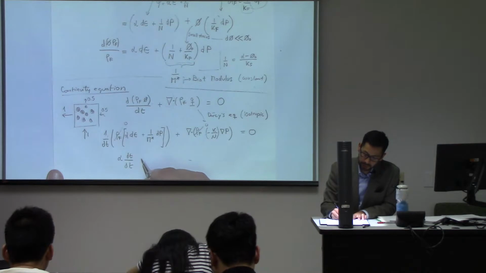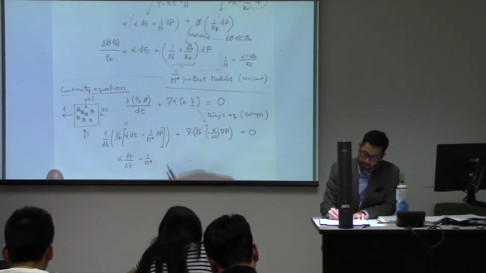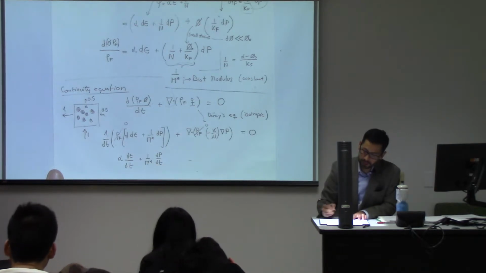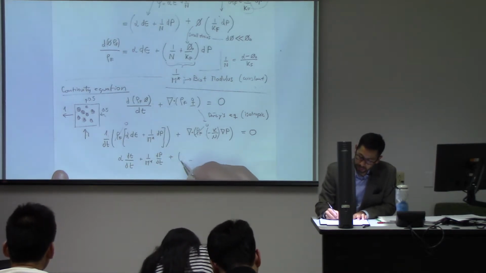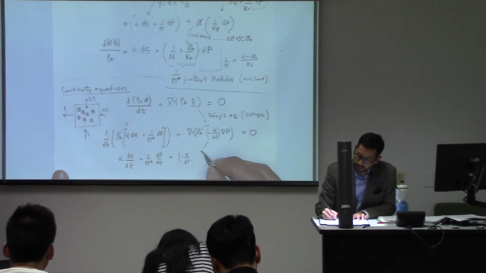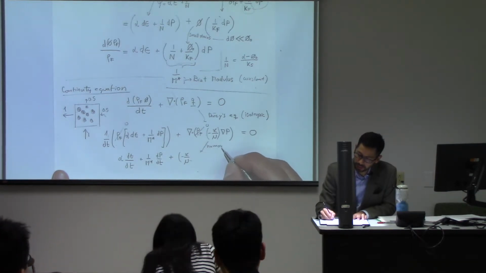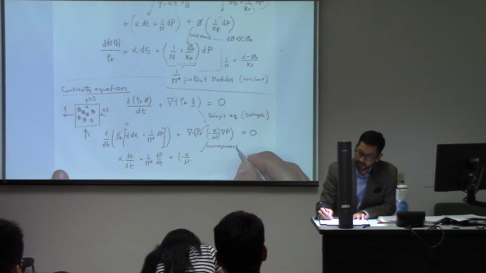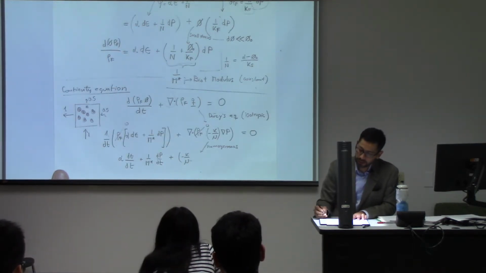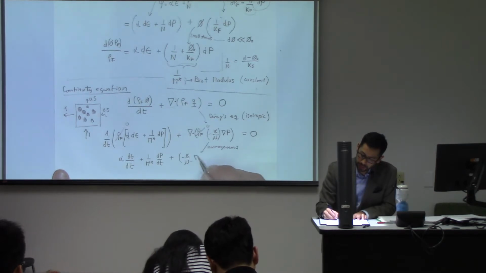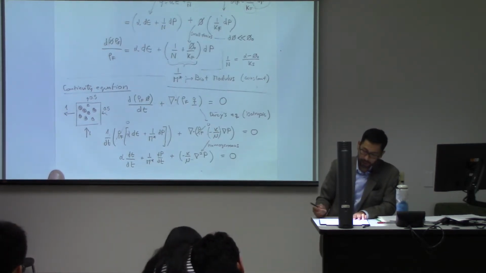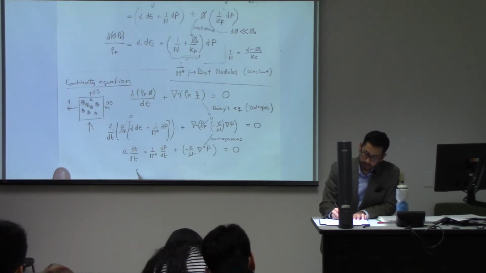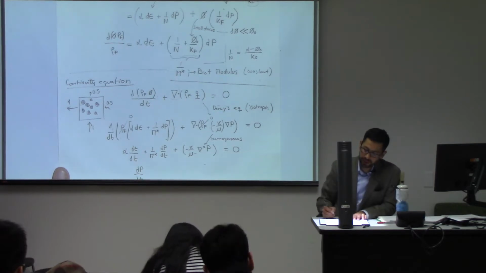And then this is going to be plus 1 over M, now dp dt, and now I'm going to assume that this is a homogeneous solid, so I can take the k outside the gradient, and this is going to be just Laplacian of p equal to 0.